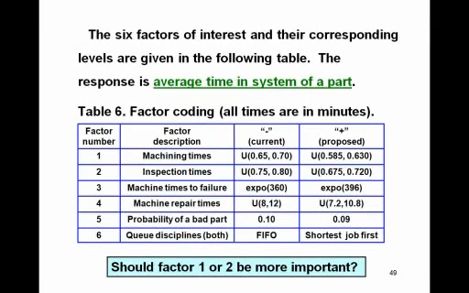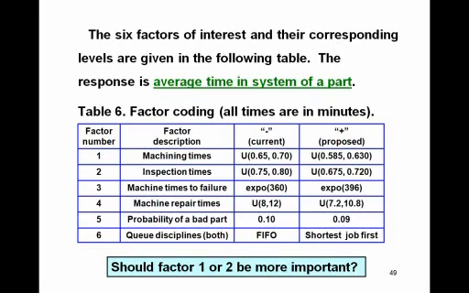Okay, as I said before, we have 6 factors of interest. Their corresponding levels are given in the following table. By the way, in the case of the inventory problem, we had the 2 factors, a little s and a little d. They were both quantitative. Our response here will be average time in system, and I'm not sure I wrote it down.